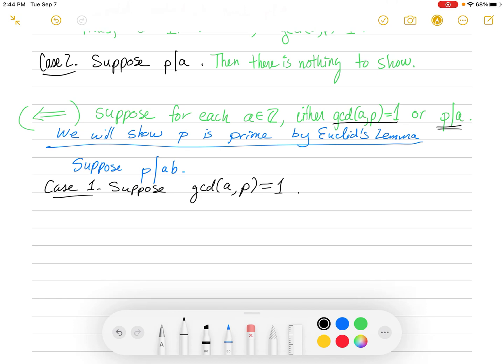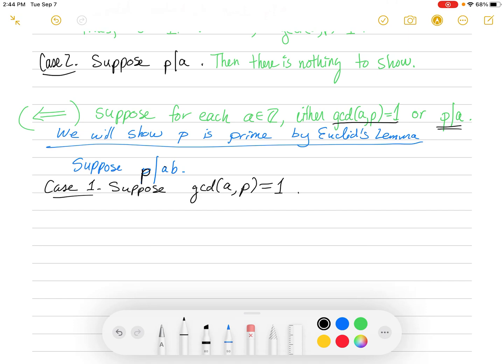Okay. Now let's go back to theorem 1.4. And that was the generalization of Euclid's lemma.